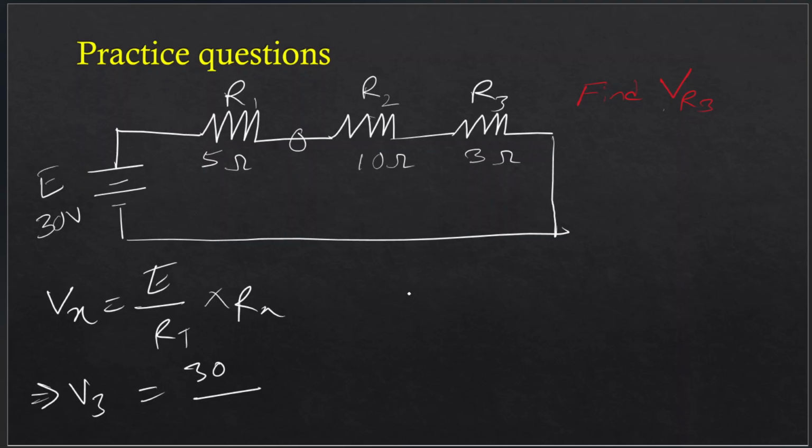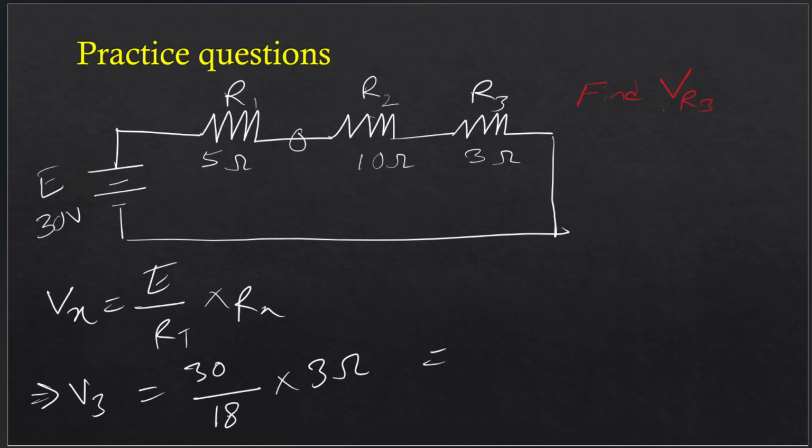Again, this whole thing is a series circuit, so RT is the total resistance of the whole thing. So that's 5 plus 10, 15, plus 3, 18. So 18 ohms, times Rx. Now again, X means 3, so R3, that means 3 ohms. Right? So what do we have there?